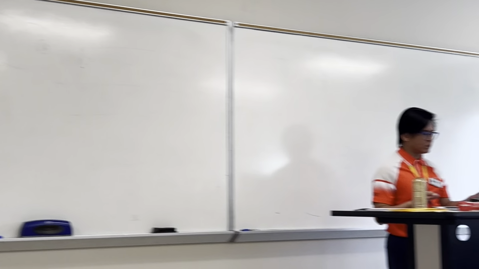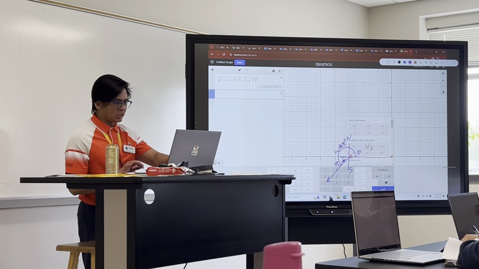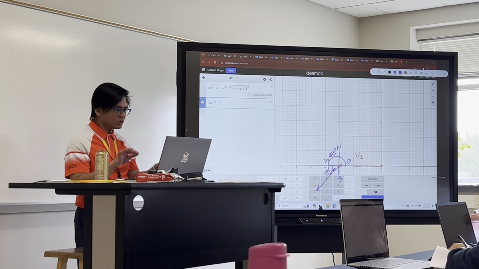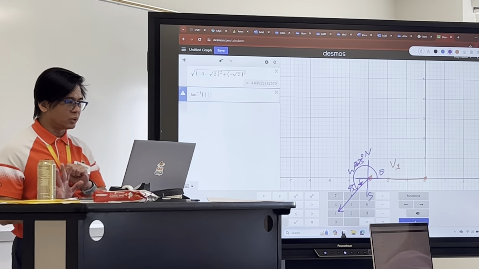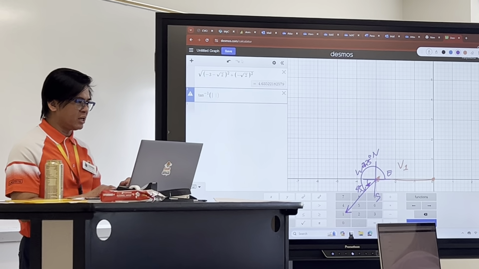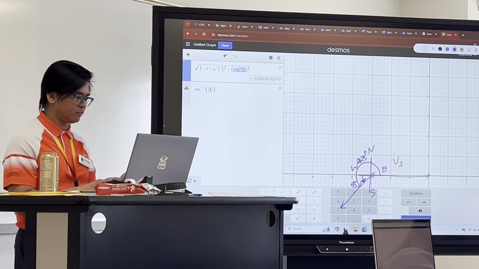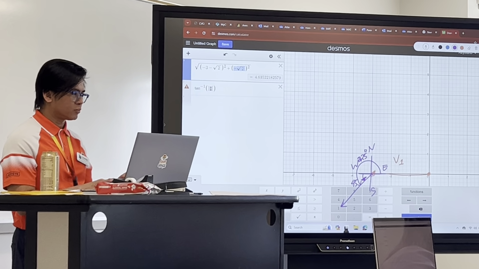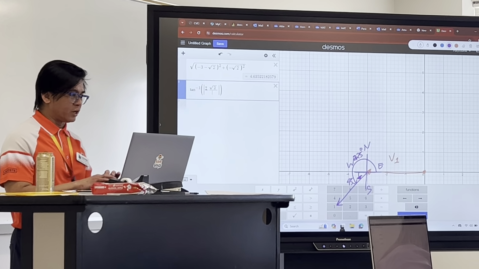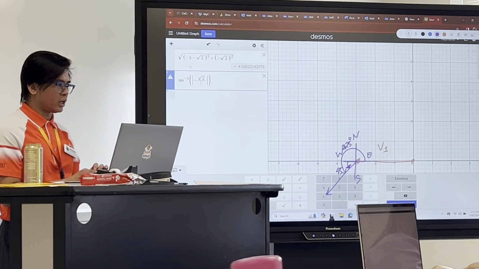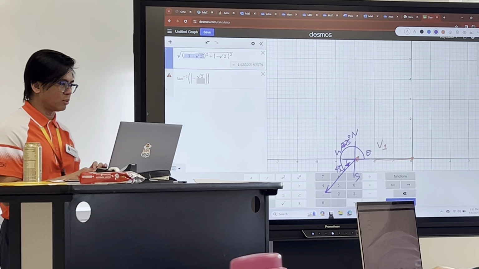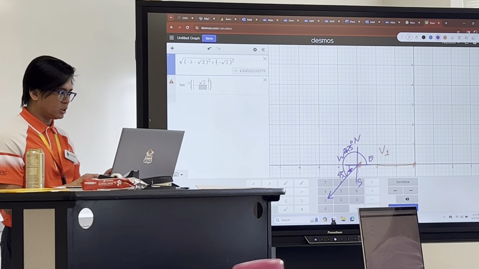Put it in here as such. Tangent inverse, absolute value of B. Let me just copy this, negative square root of 2 over A. So I'm just going to copy this and put this in here.